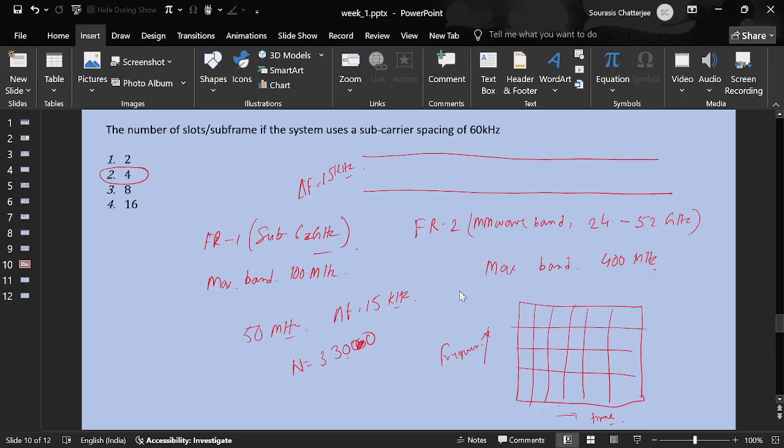Okay, 10 subframes consist of one frame, and each subframe is of 1 millisecond duration. So that's its significance. It's a numerology independent term. No, that's fine. Okay.